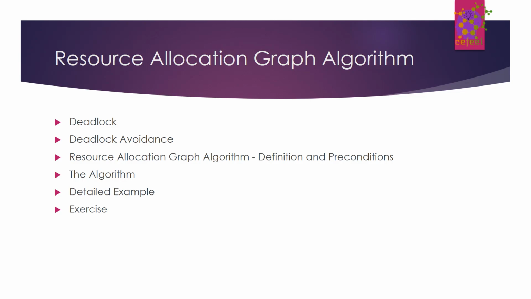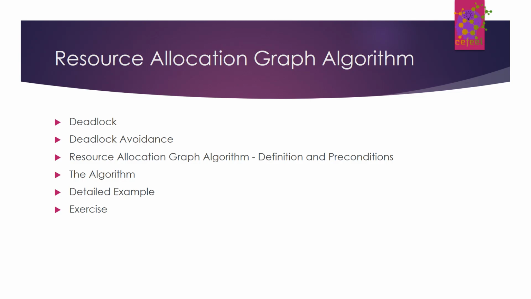We will try to define it, discuss various aspects of it. We will see under which conditions we can apply the algorithm. Then we will go ahead and discuss the algorithm, as in the pseudocode, the steps of the algorithm.